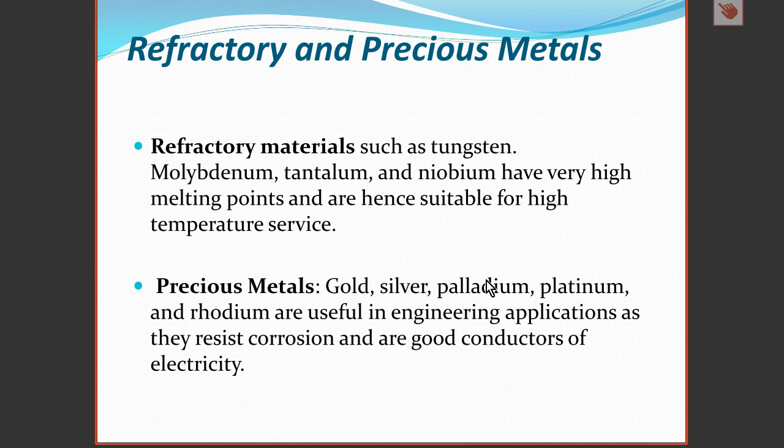The last thing we're going to briefly consider are refractory and precious metals. Refractory metals have very high melting points and are suitable for high surface temperature. So these materials are such as tungsten, molybdenum, tantalum, and niobium.